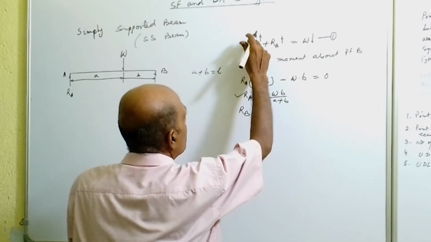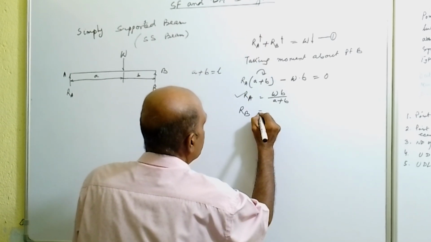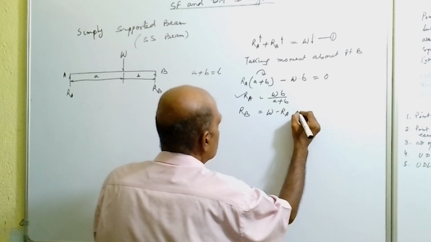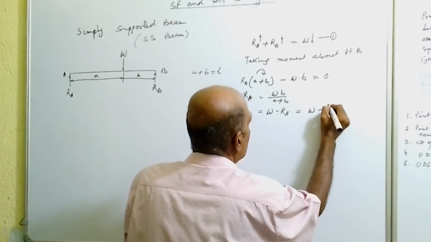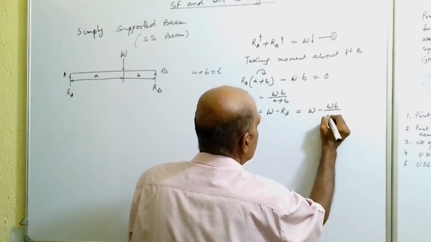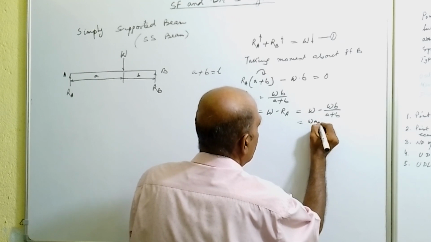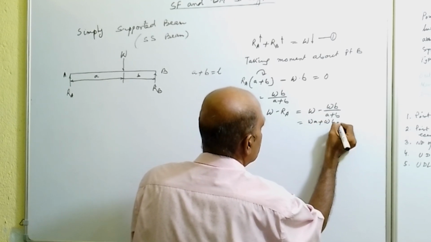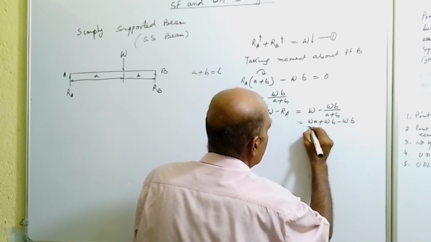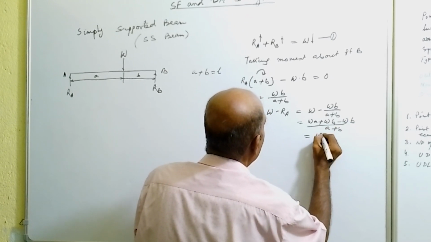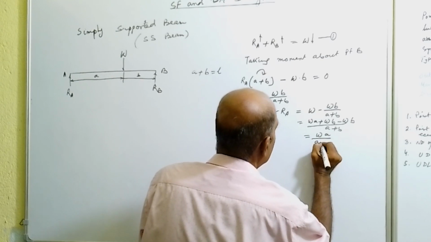So from equation number 1 we can get RB is equal to W minus RA, and that is equal to W minus WB by A plus B is equal to WA plus WB minus WB by A plus B is equal to WA by A plus B.